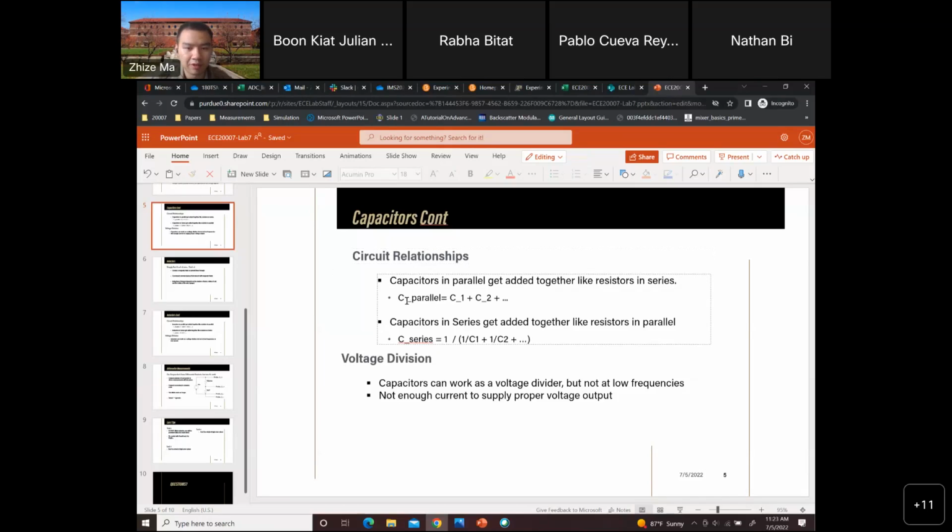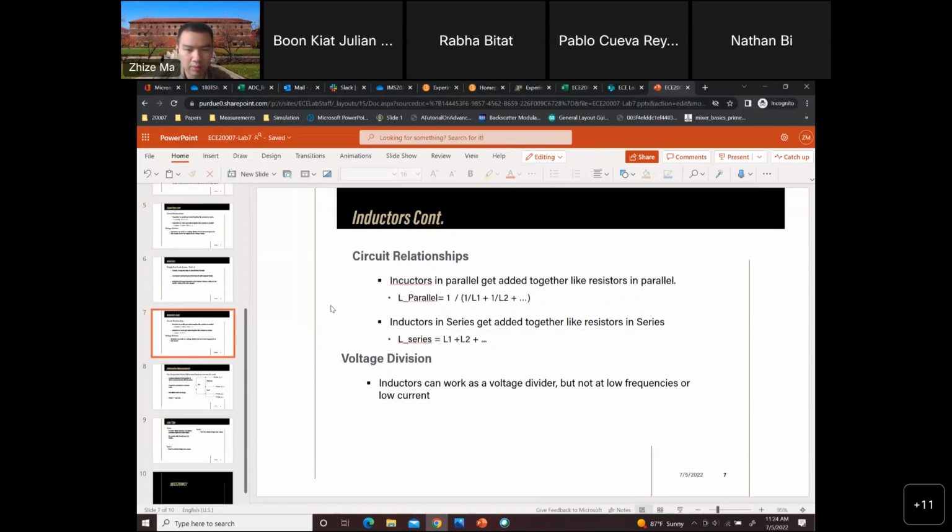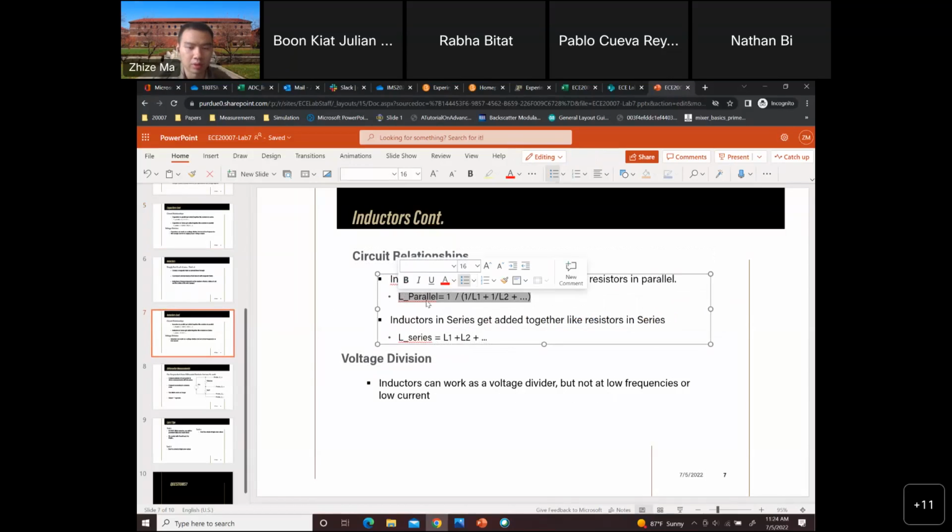But remember, when two capacitors are in parallel, the total capacitance is they add together: C1 plus C2 is the total capacitance. But when two capacitors are in series, you need to use the same equation as when resistors are in parallel. And for inductors, the calculation is the same way as for resistors.